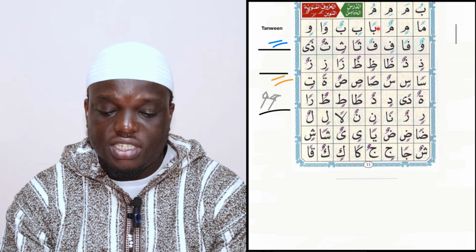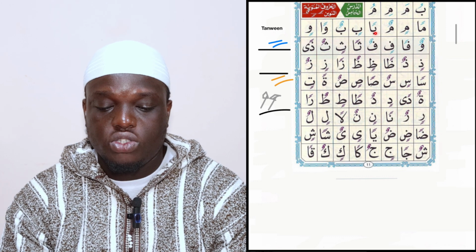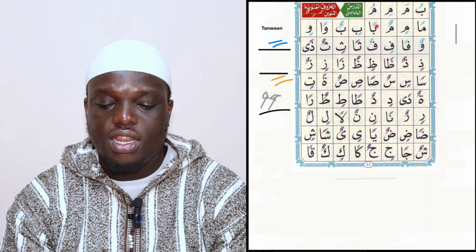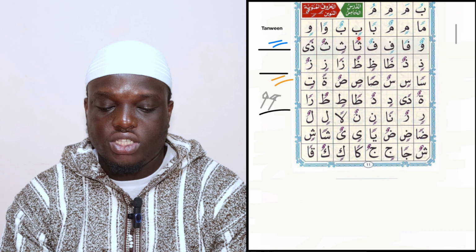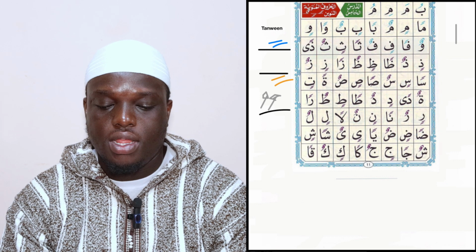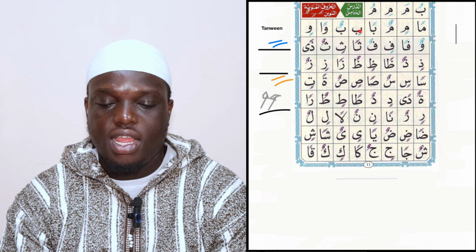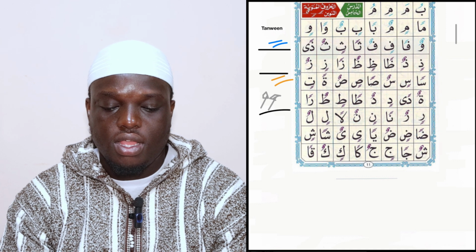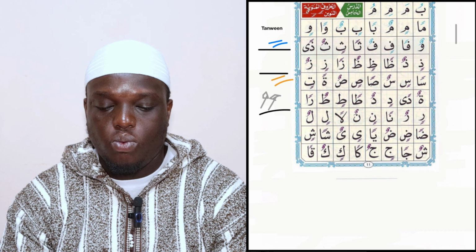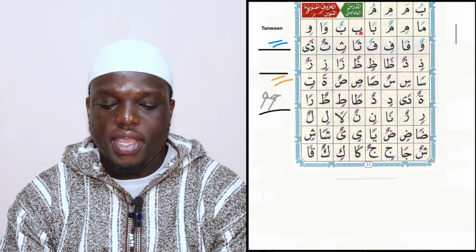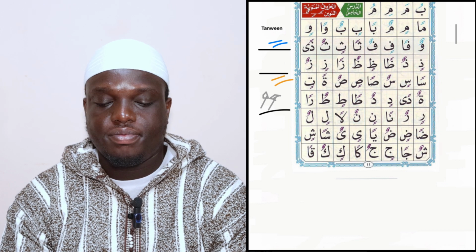We know this is ba because it just has one dot below. So ba fathatain, ban. Ba kasratain, bin. Ba dhammatain, bun. We have ban, bin, bun.